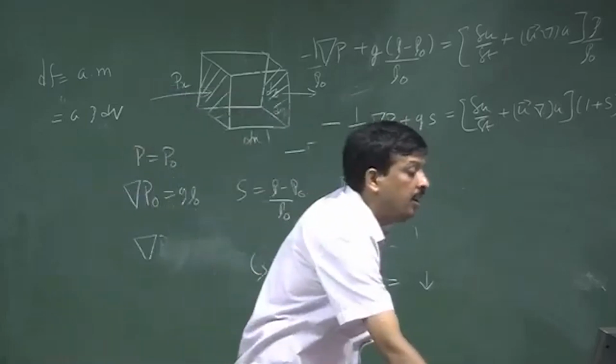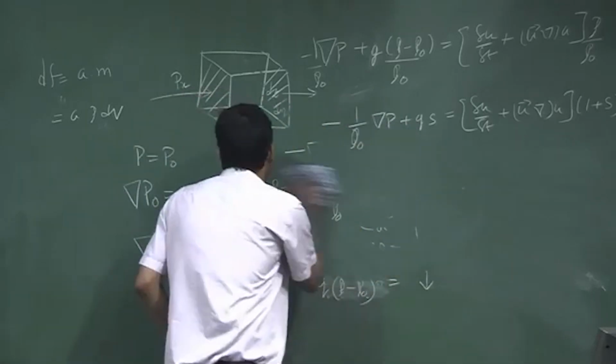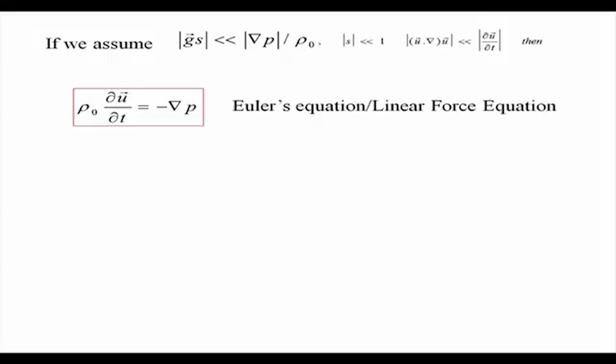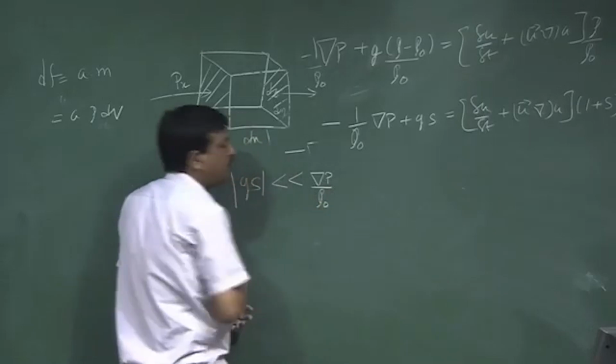Now, consider the limitation. What is the limitation I said? Now, I consider the limitation. We said the amplitude of g into S, since it is a vector, let us consider very much less than del P by del rho 0.